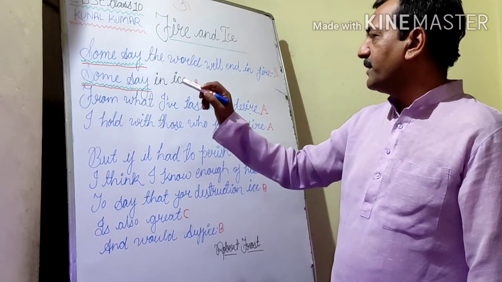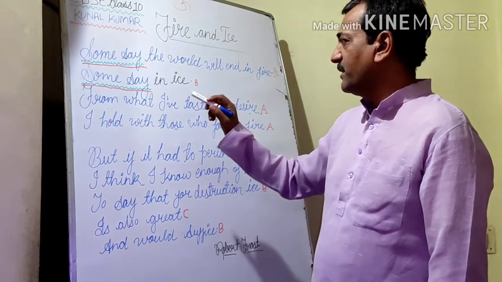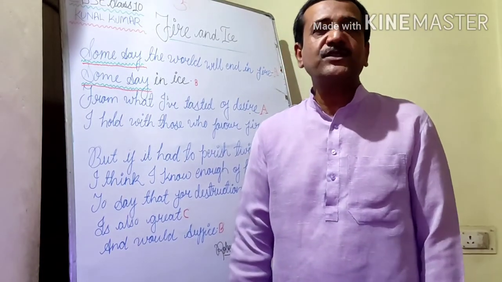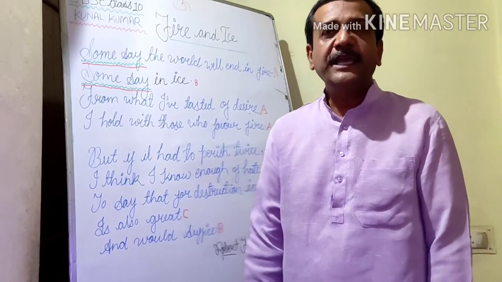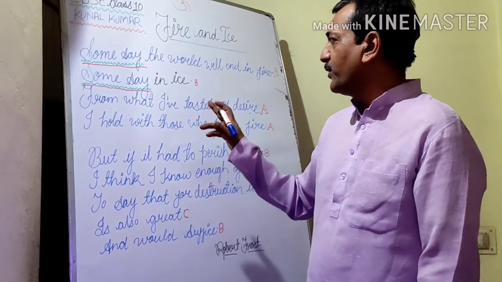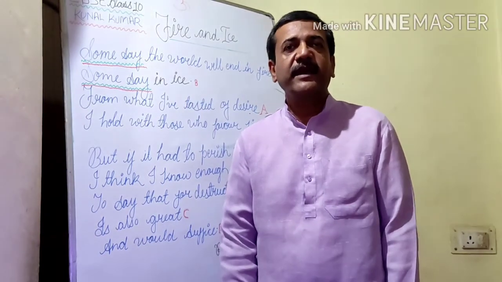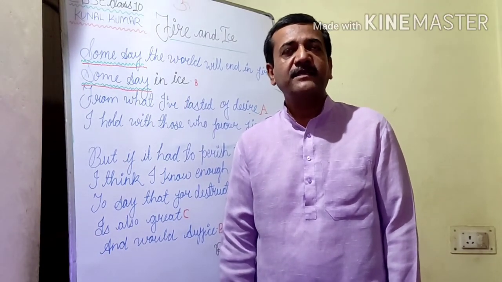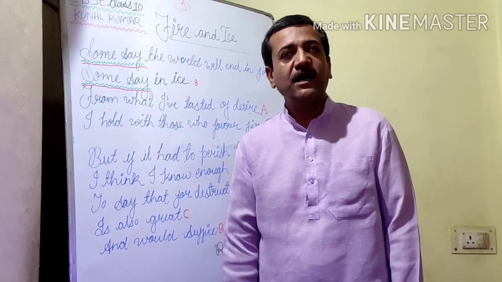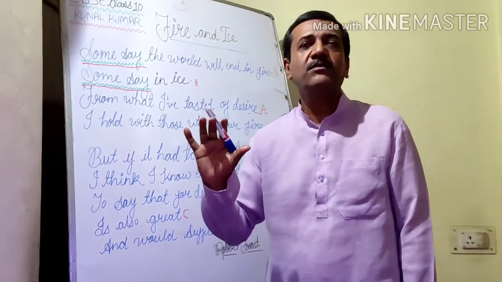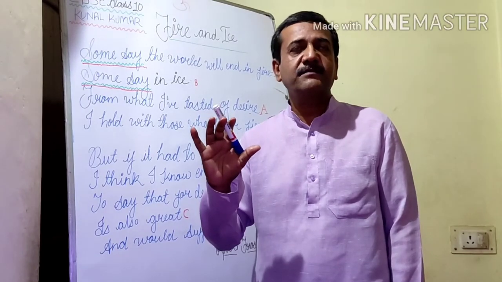In the fifth line, in the beginning of the second stanza, he says, if it has to perish twice, that means if, notice the word perish, that means demise, end of something, that is death or end of the earth. That means if this world has to end twice.